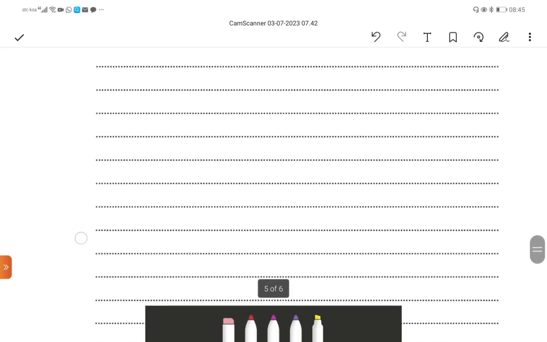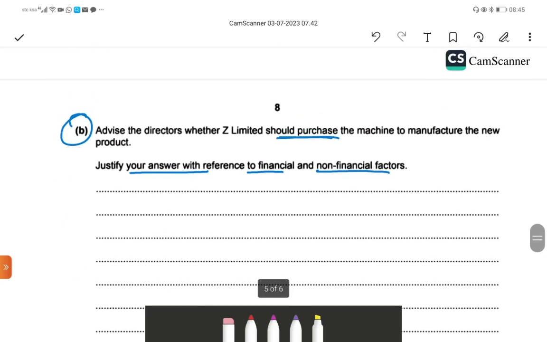So we have 3 marks for financial factor, 3 marks for non-financial factor and 1 mark for the decision, the suggestion you are giving. First we can write the financial factor.